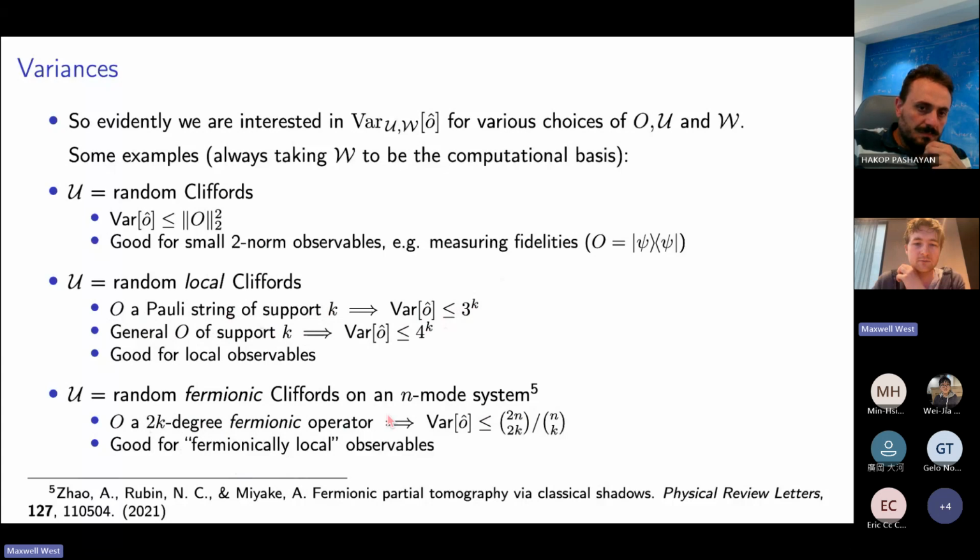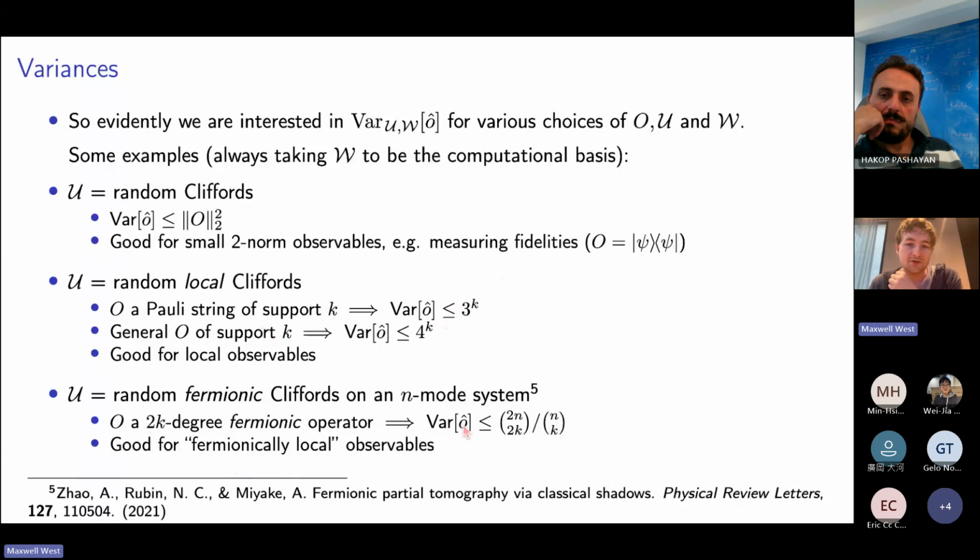I didn't want to belabor it too much, but I bring it up because these fermionic observables are basically mapped from the Pauli strings by a Jordan-Wigner transformation. You can have observables like this that have so-called low fermionic degree, but that completely fail both of these first two conditions.